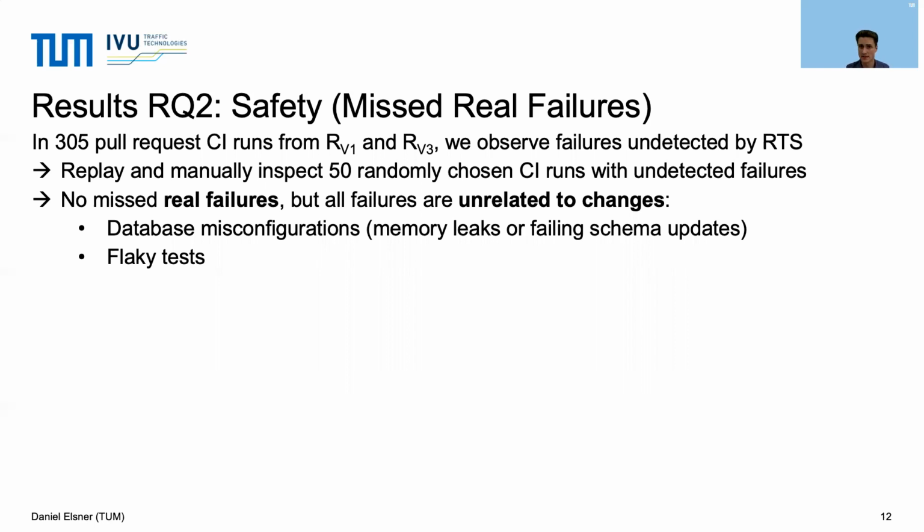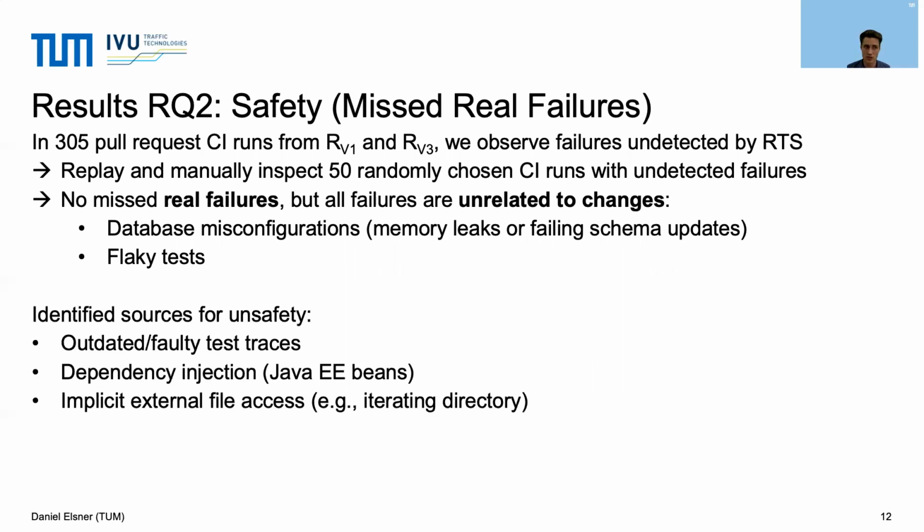And this analysis reveals that we do not miss any real failures. All the failures that occurred are unrelated to the changes inside the pull request. They are coming from database misconfiguration on the one hand and flaky tests on the other hand.